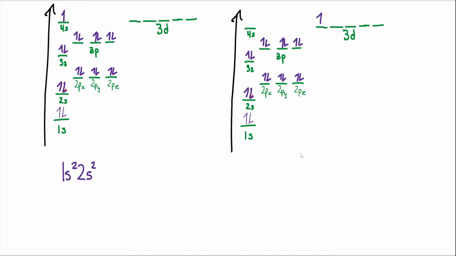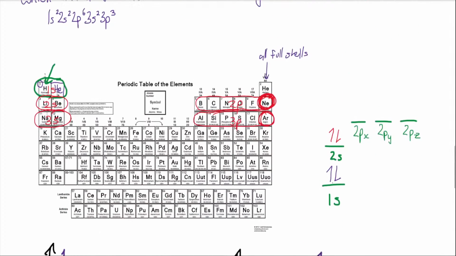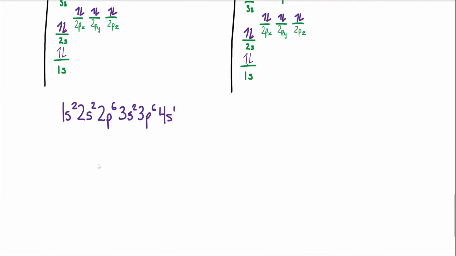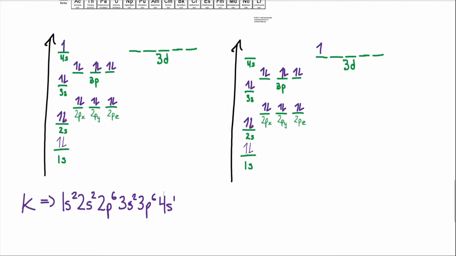Yeah, you do have to put the 1, okay? Okay, good. So who is this? This is potassium. So that is the 4s, right? So this is neutral potassium.